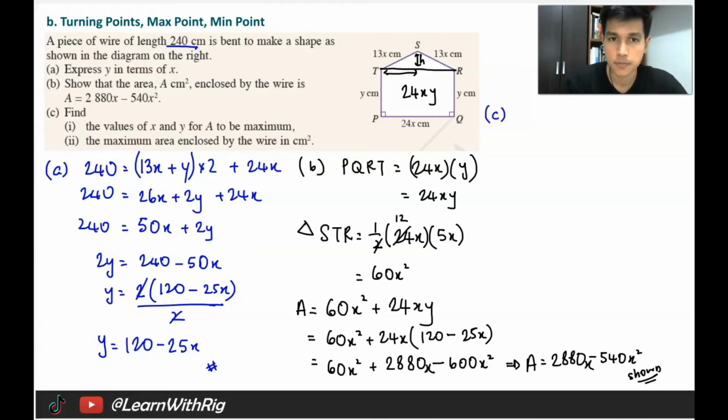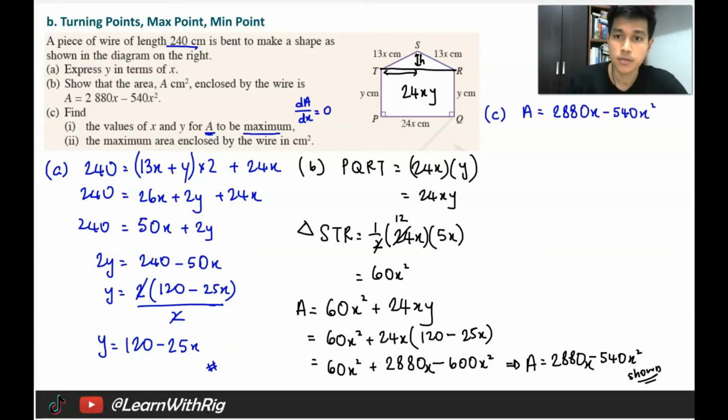Question C. They're asking to find the value of x and y for A to be maximum, so area to be maximum. That means you need dA/dx equals 0 to find the maximum. In this case, you already found A: 2880x minus 540x square.